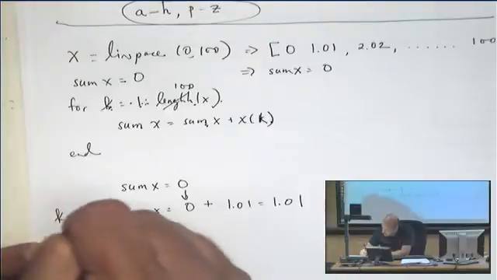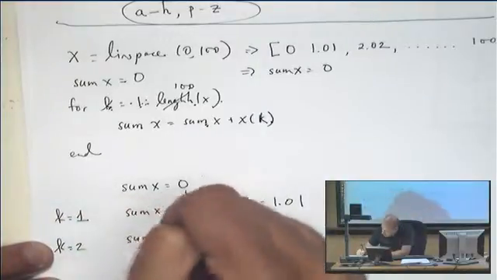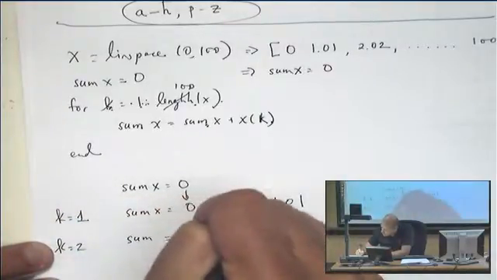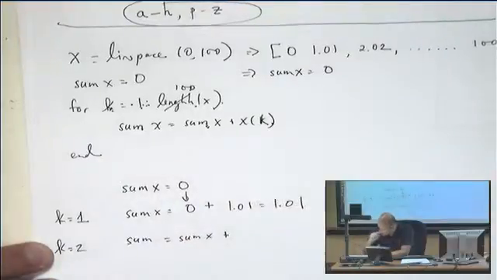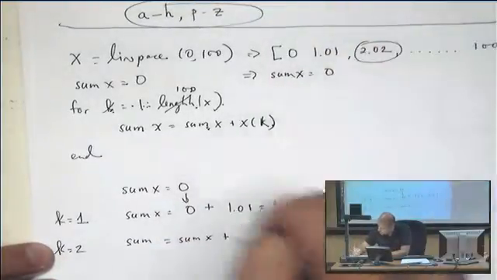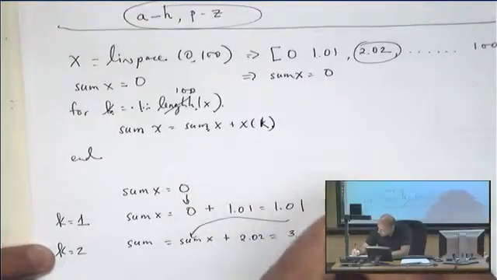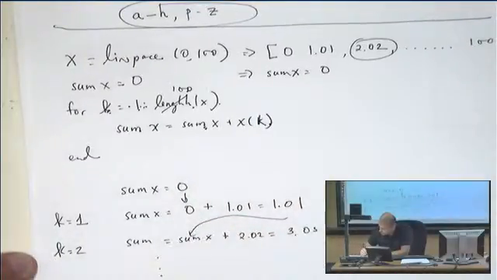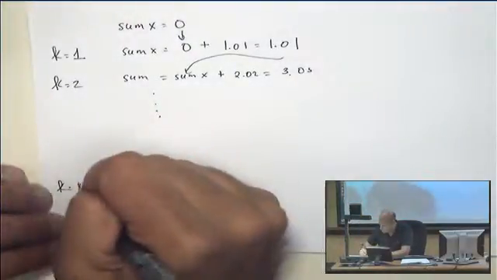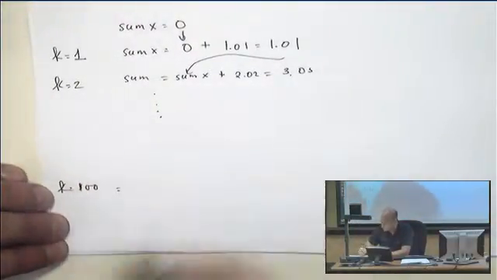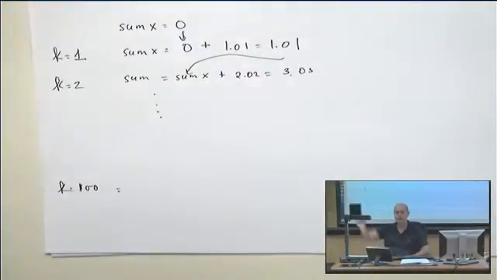Then k is equal to 2, so sum x is equal to sum x plus x of 2, which was 2.02. So I would get 3.03, etc., and you go all the way to k is equal to 100, or the length of x, right? And then it ends. That's how a for loop works.